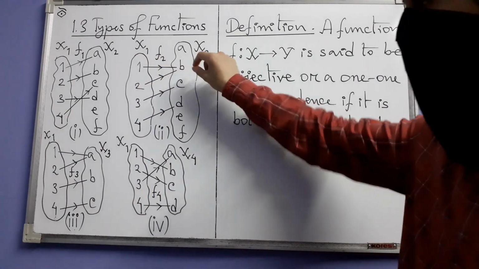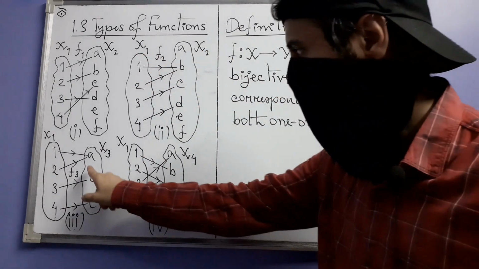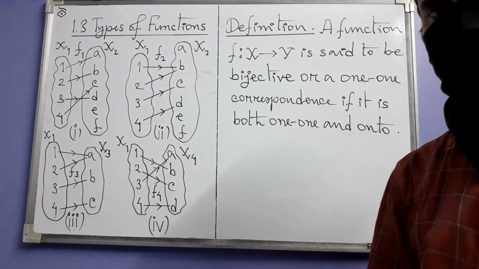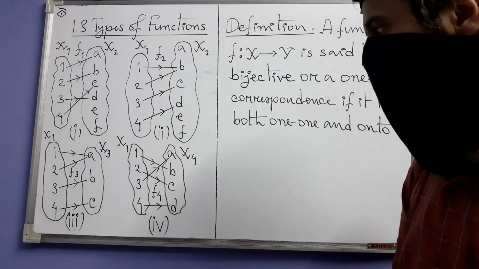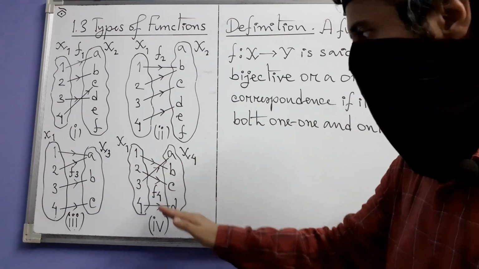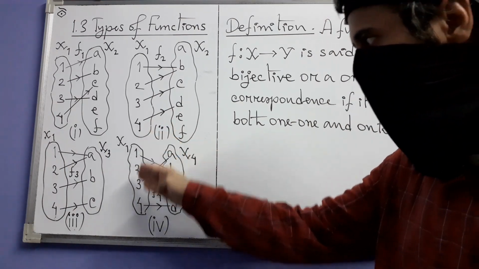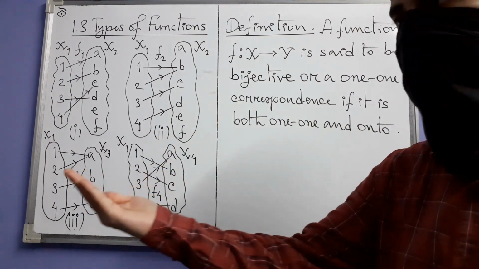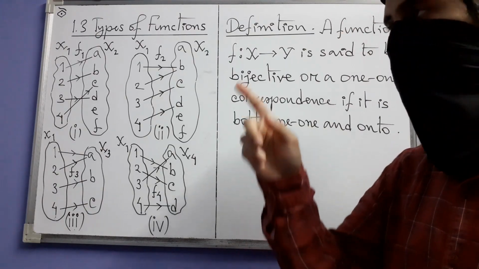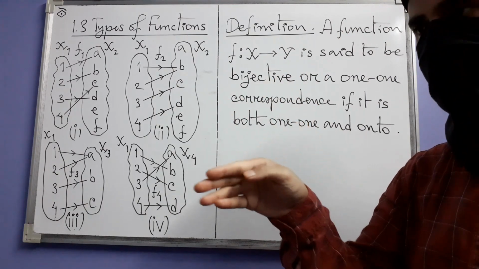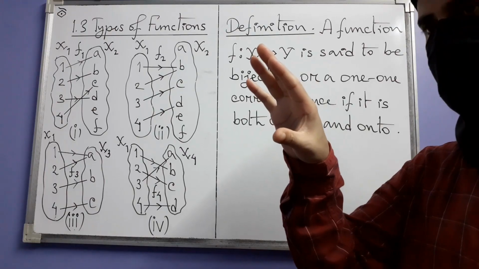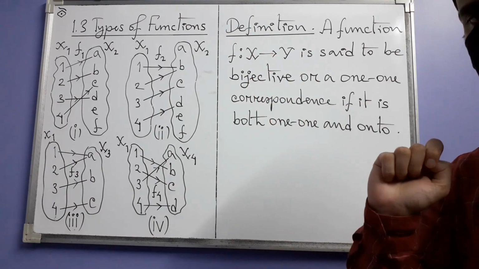This is many-to-1. This is also not 1-to-1. This is 1-to-1 because distinct elements in X, in the first set, have distinct images. Two different elements, or more than one element, do not have the same image.